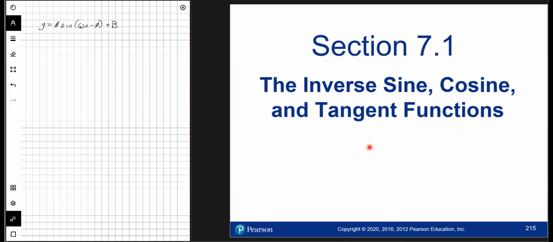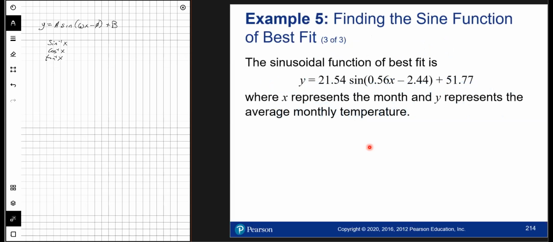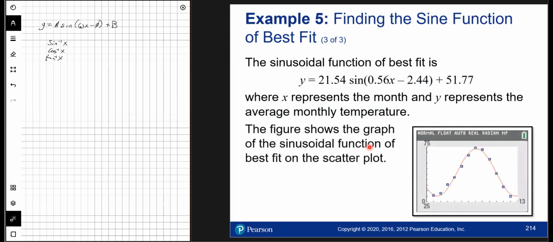Or had we done this where we're talking about sine inverse of x, cosine inverse of x, tangent inverse of x, and as well as the other ones. Had we gotten into this yet? No, we haven't. But we had done finding the sine function of best fit.